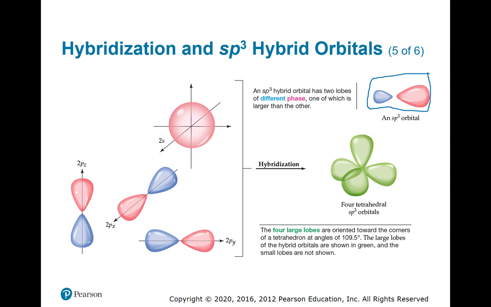What you see circled here is an sp3 hybrid orbital, and all 4 of them have that same shape. They're going to arrange themselves in a tetrahedral configuration around our central carbon atom just due to electron-electron repulsion. So this is as predicted by the VSEPR model.